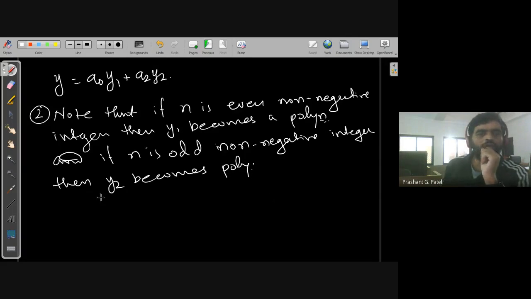Okay, so this is the quantity we got. That means in any of the cases, if n is an integer, then one of them, either y1 or y2, will become a polynomial.